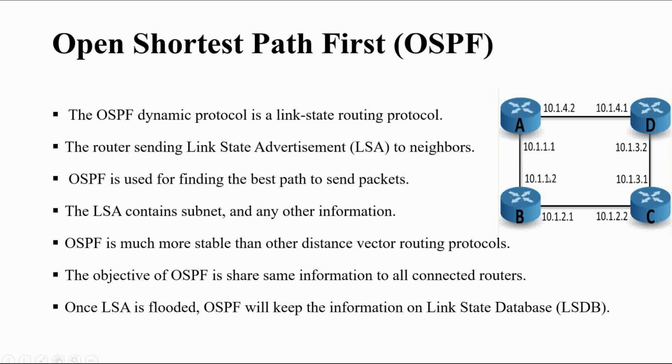If they have the same common information, it will be easy to choose the best route. So each router chooses its own best route, and finally all routers choose the best route.